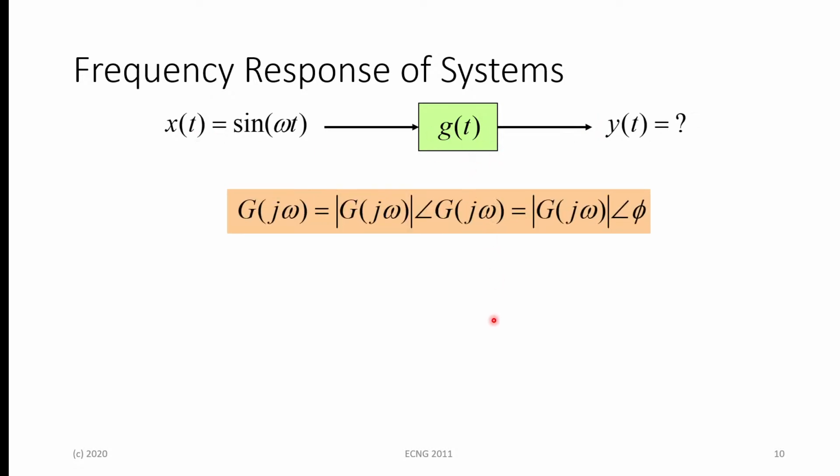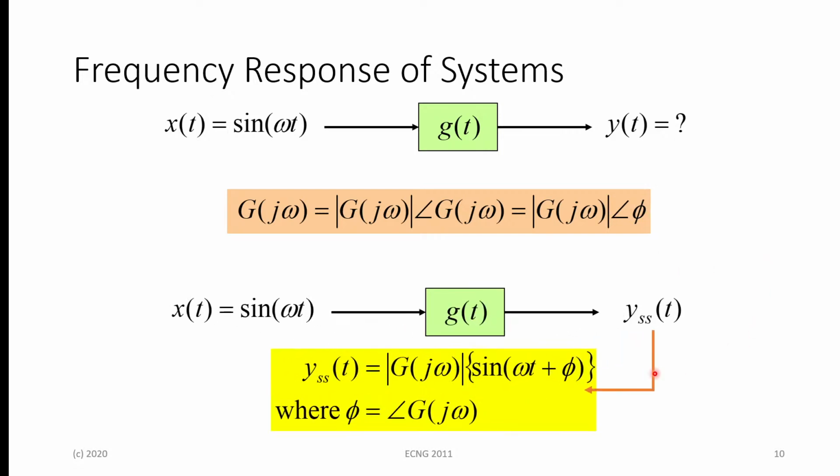Now, if we convert this into our j omega domain, because we have g of j omega mapping to g of t, that means we have an associated magnitude, being the modulus of g j omega, and an associated phase, being the angle of g j omega. The shortcut way to write this is modulus of g j omega, angle phi, where phi indicates the phase difference.